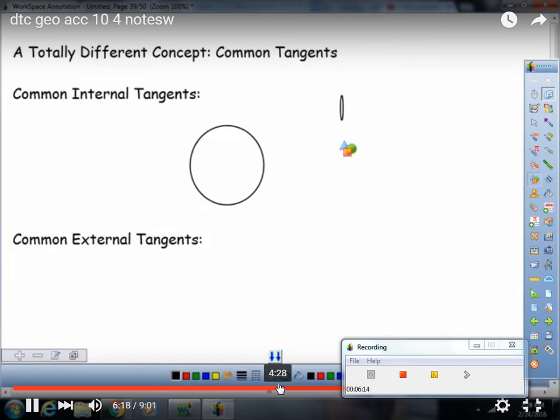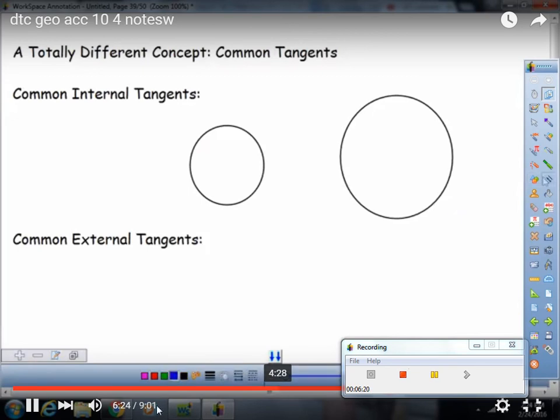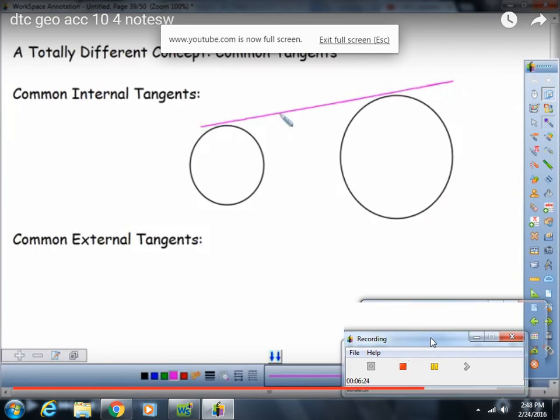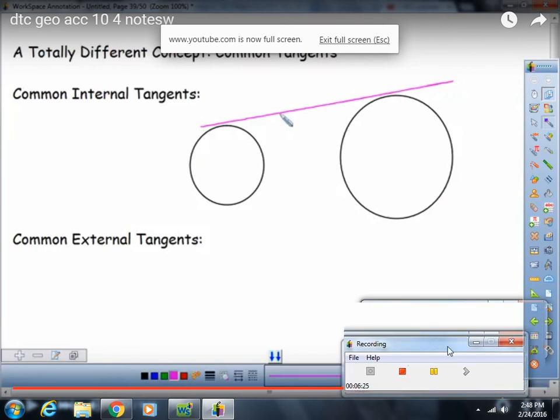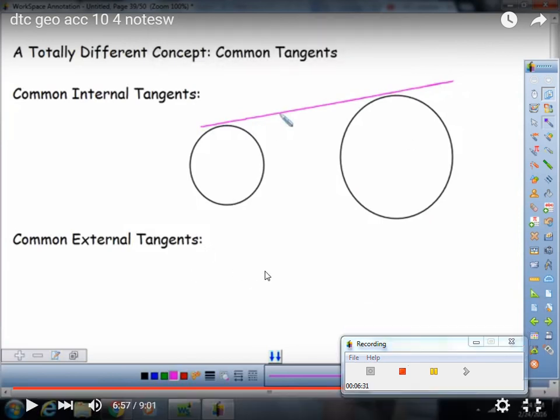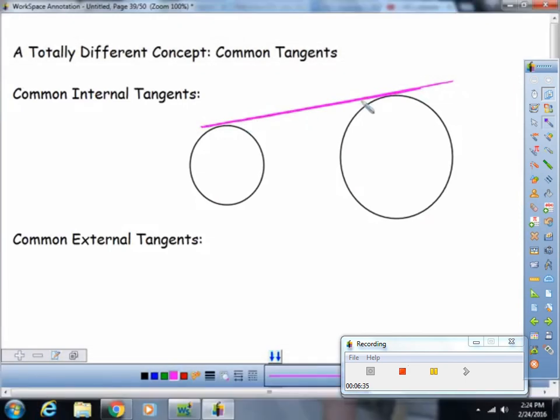We're just going to use one picture for both of these things. So we'll start out with any two circles. You can see here I've drawn one line that's tangent to both circles in pink, trying to use a straight edge to do this.